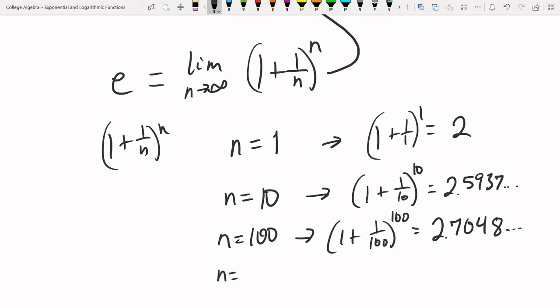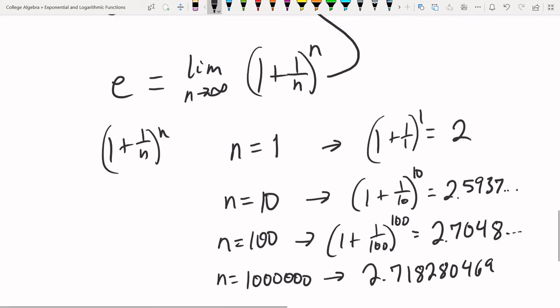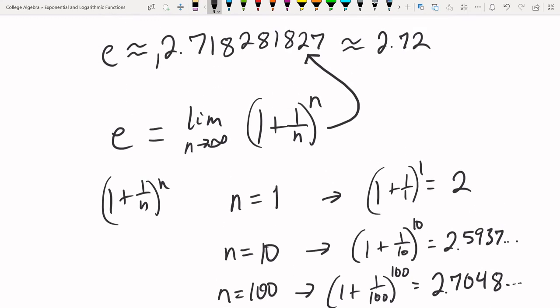And then if you plug in, I'm just going to do something big like 1 million, just to save some time here, and to the power of 1 million, I'm getting 2.718280469. You see, it's not the exact same. 2.71828, right? That's the same thing as here, 2.71828.